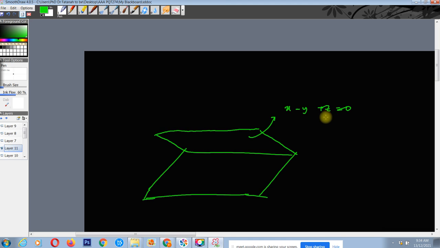Your question is at the tutorial in the WhatsApp group. And then we have 2x plus y minus 4z equals 0 also. Now we have a point 4, 0, negative 2.